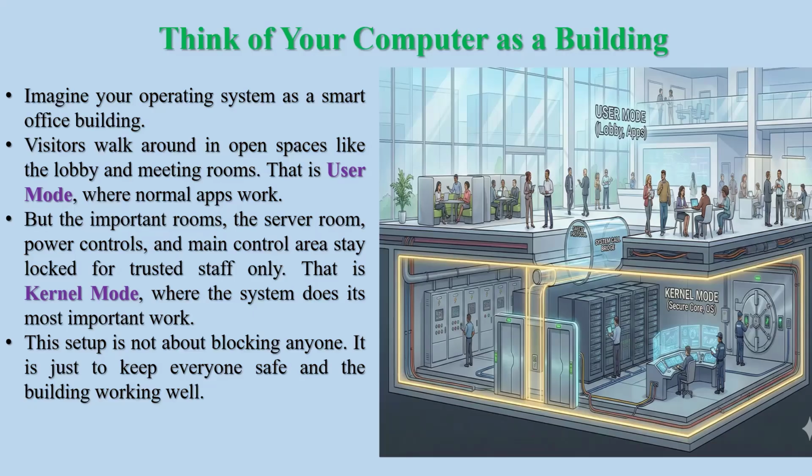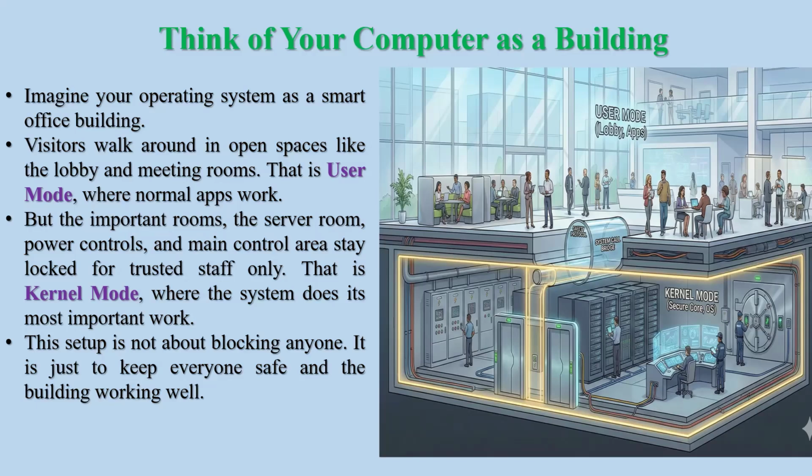Now think about restricted areas like the university data center, probably a server room, examination control room, power supply room, even a confidential record section. Only authorized employees or officers are allowed to be there.